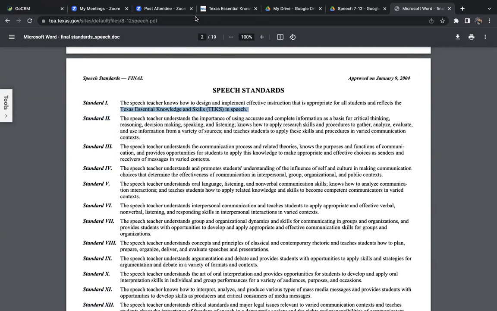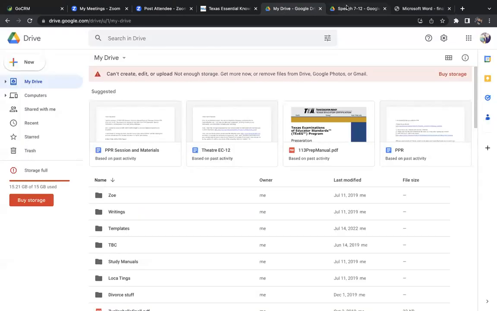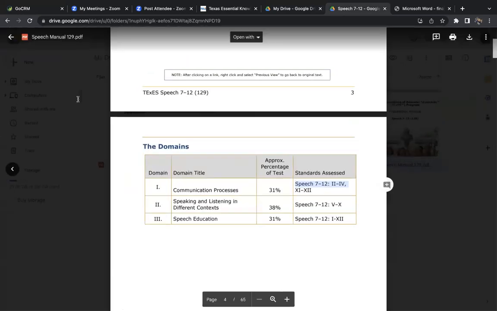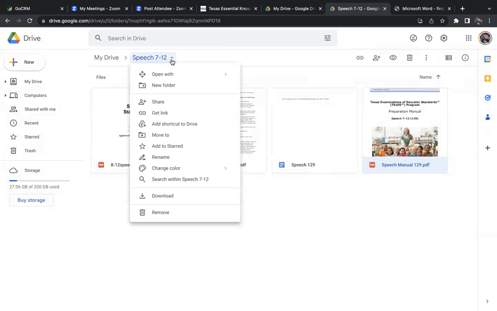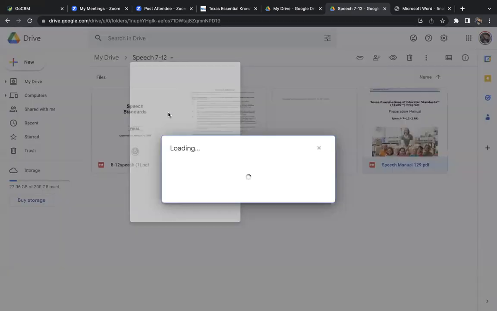And the speech standards can be found on the TEKS part, or? No, you should have access to this drive. I'm not sure why you don't, but that would be a bad on me. Let me see. Get link.